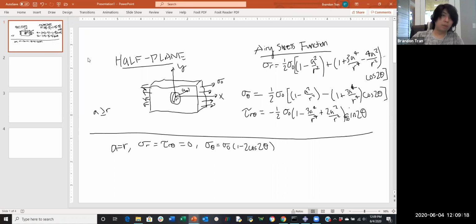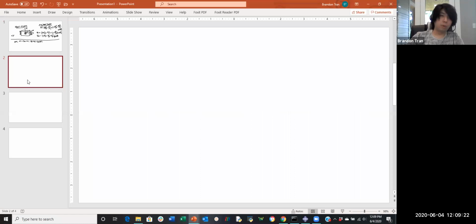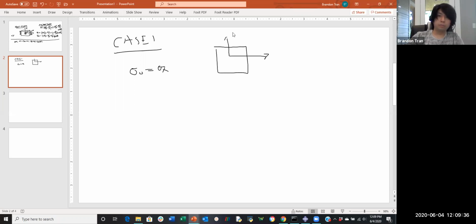Okay, so now that we know this, I'm going to go ahead and show you a few case examples here. Let's look at one case example. Case 1 is if I have a sigma 0 equal to sigma x. So basically, what I just did earlier, sigma 0.